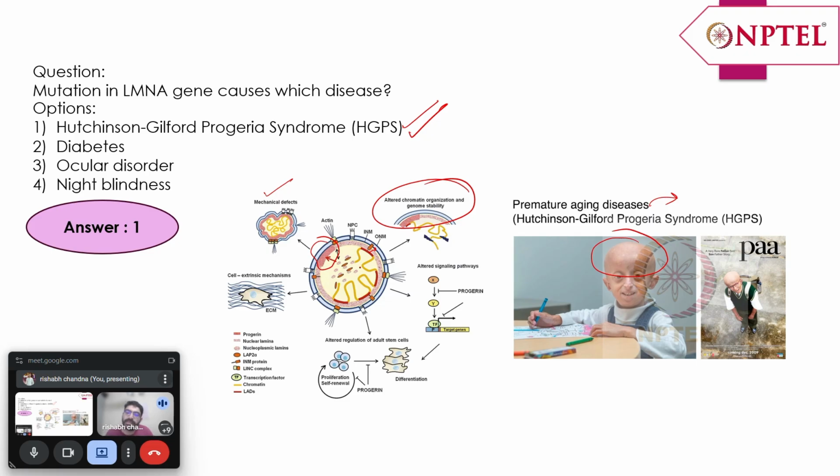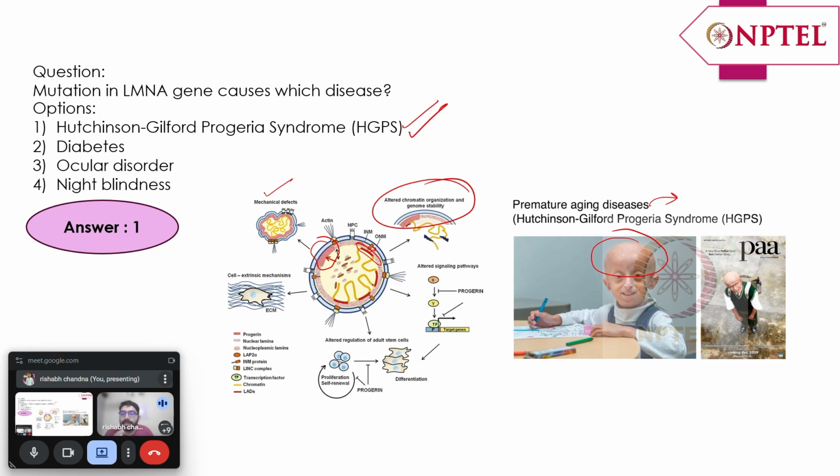That is why it is part of the transcriptionally inactive region. So if the lamin gene is mutated, the heterochromatin region that is involved in the stability of the nucleus will be hampered.